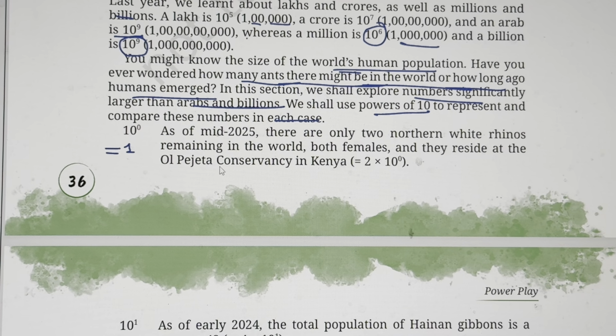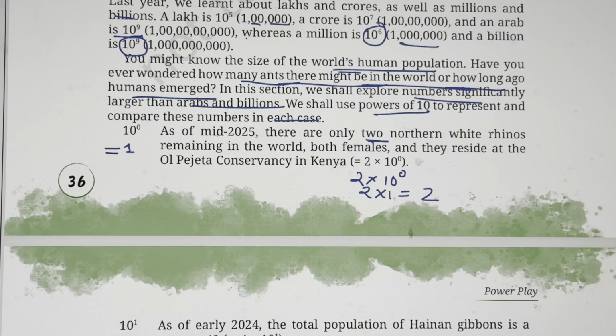Okay, so this is a natural wildlife sanctuary, or a conservation area like we have in India. So how it is written, there are only 2, it is given as 2. We don't just write 2 when it is a power with the base 10. So here we are writing 10 raised to 0 because 10 raised to 0 will be 1. So this 2 into 1 becomes 2.